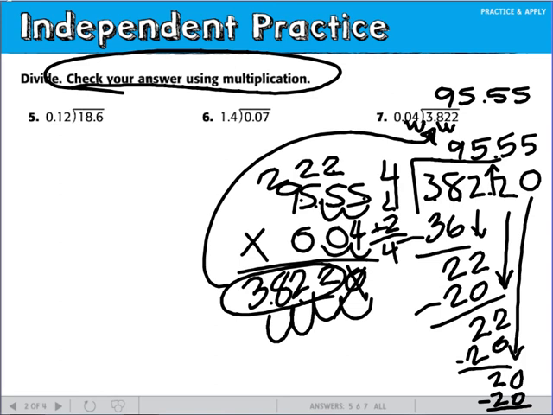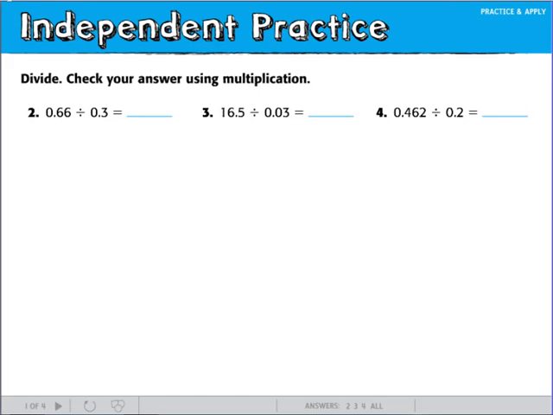So, we can divide a decimal by a whole number. We've done that already, correct? So the only difference between what we are doing today and what we have done in the past is what? We have to move the decimal before we start.